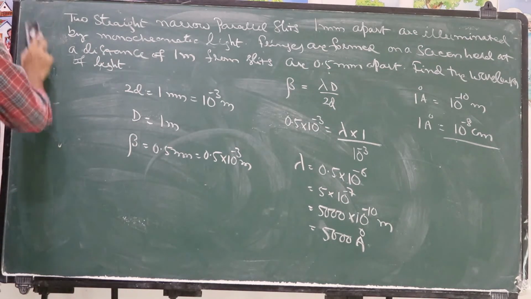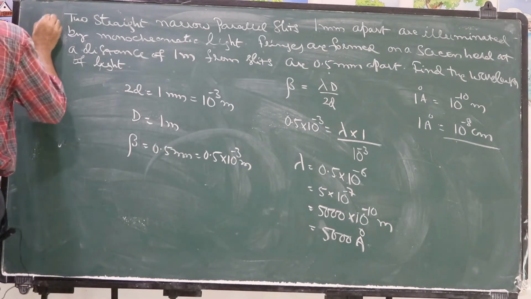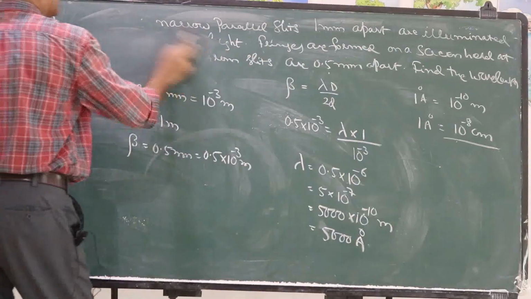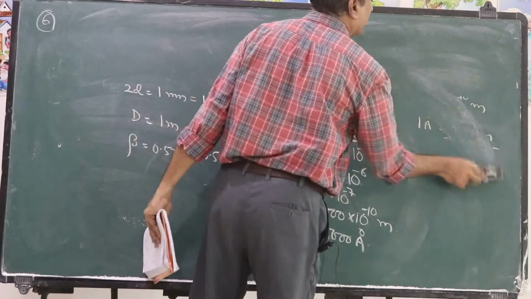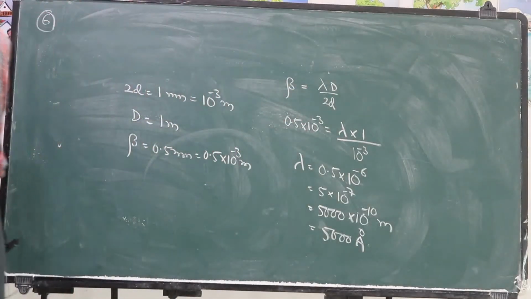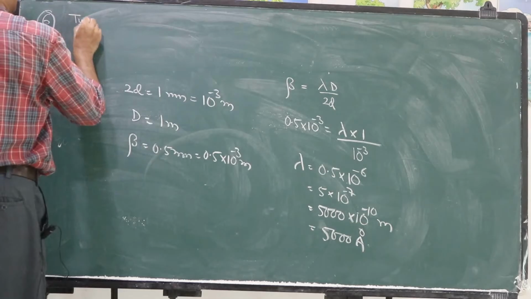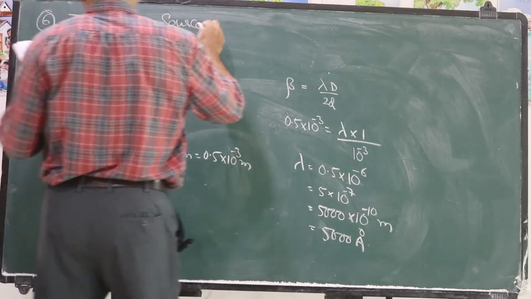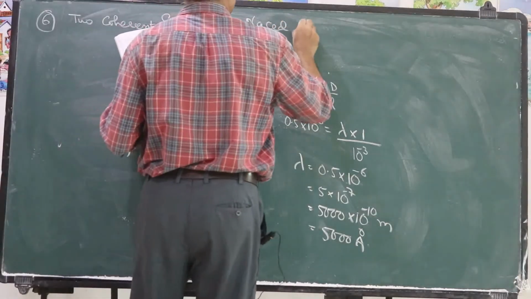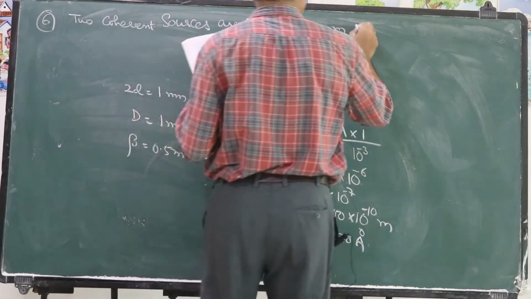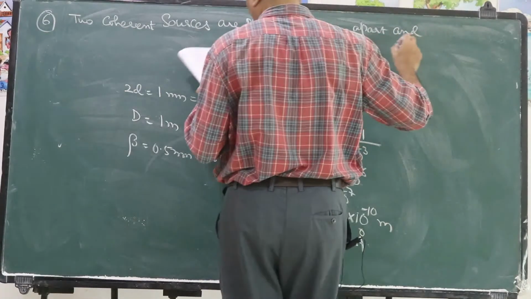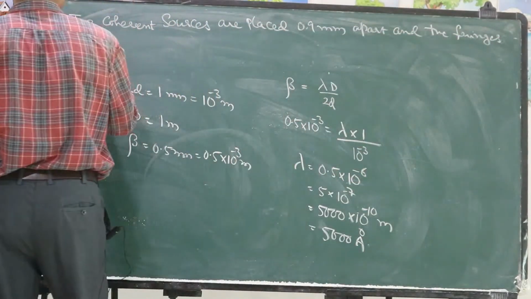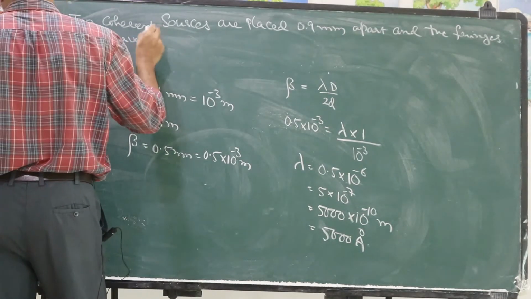Now sixth one. Two coherent sources are placed 0.9 millimeter apart, and the fringes are observed 1 meter away.